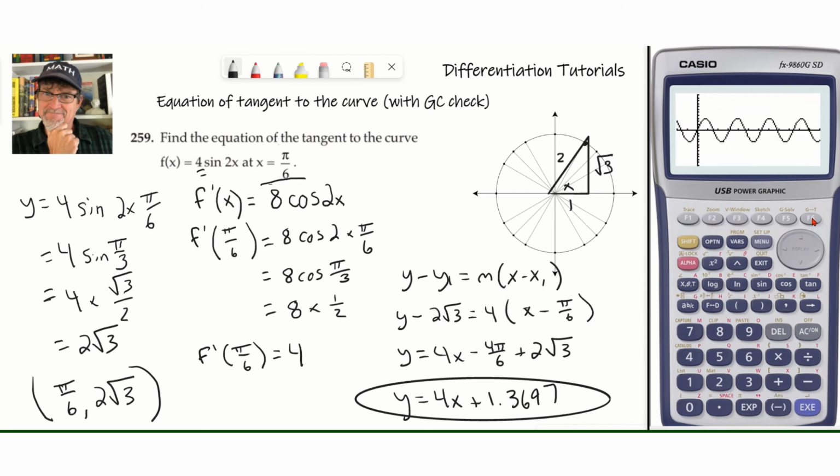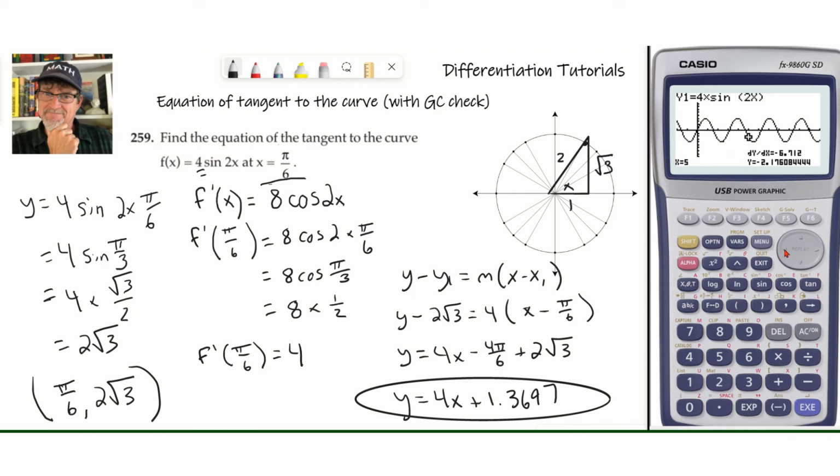There it is. That looks like a sine wave to me. Now we want to know the equation of the tangent at pi over 6. If you hit F4, that's going to give us some options. You can see one of them, the F2 option, is tangent. So you hit F2 for tangent. That lands you at a point in the middle of your window, which is probably not where you want it.